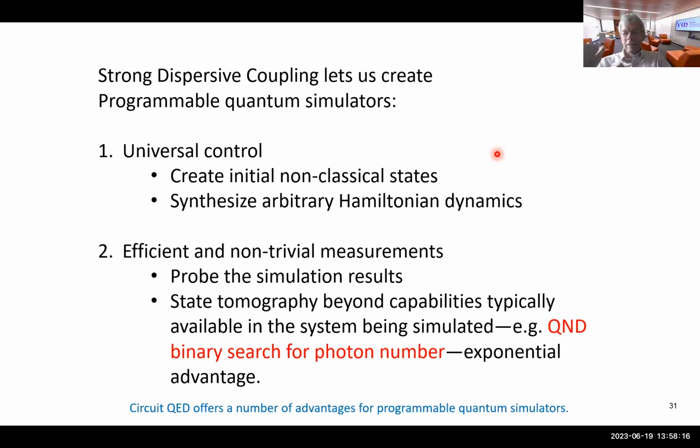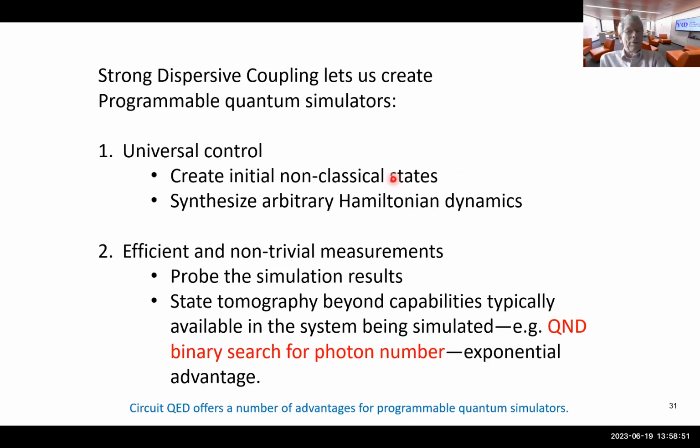So we can use this idea or these tools that we've developed to do all kinds of things, try to build a quantum computer, build bosonic codes for quantum error correction, all kinds of things. And I'm going to take a couple minutes and show you a quantum simulation that uses this strong dispersive coupling and the control that we have to build a programmable quantum simulator.